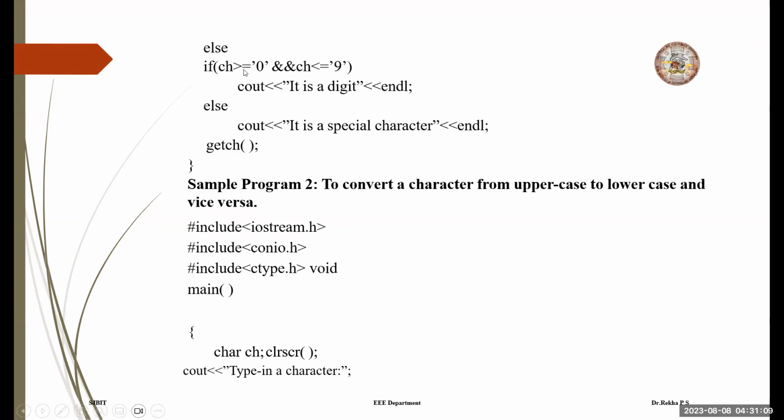Otherwise, if ch is greater than or equal to 0 and ch is less than or equal to 9, it is a digit. Else, it is a special character.